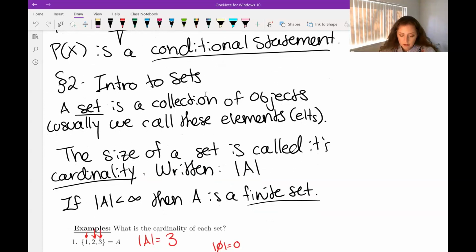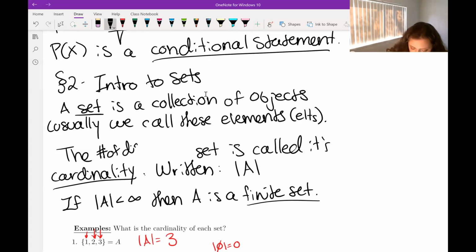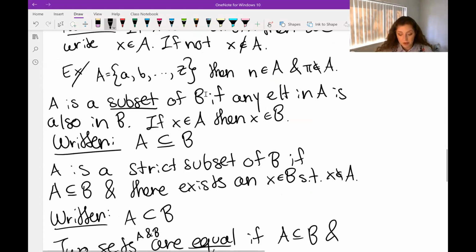The size of a set: the number of distinct elements in a set is called its cardinality. I apologize that I forgot to clarify before that they need to be distinct. That's why we have these remarks, so everybody can slip up on stuff.